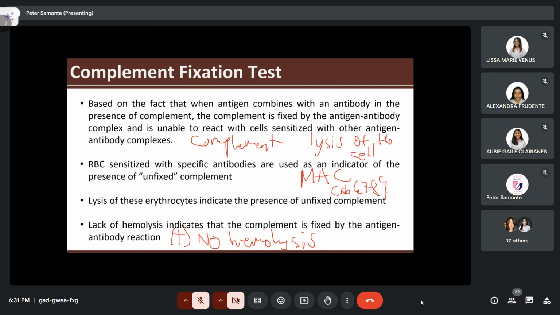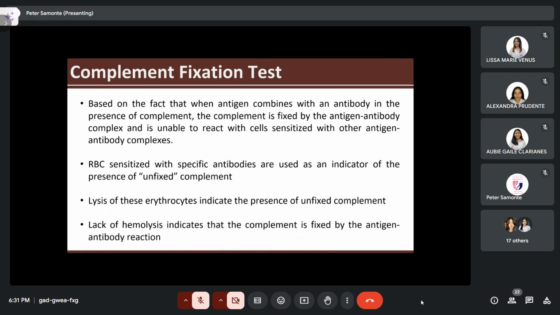Yan yung MAC ninyo. Pag yung MAC na-activate, successful yung complement activation, there would be lysis. And dito sa complement fixation test, you try to or you fix the complement. You stop the complement from activating. Therefore, your positive result would be no hemolysis.